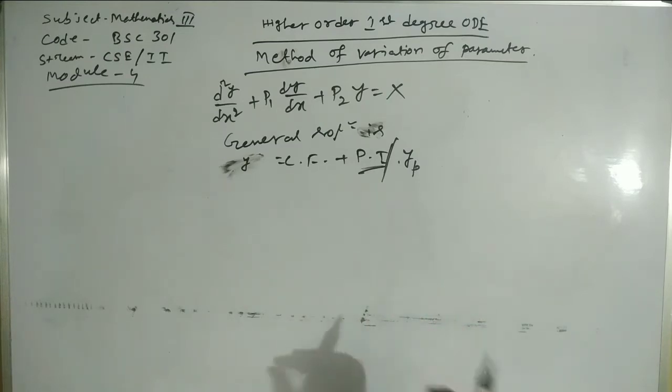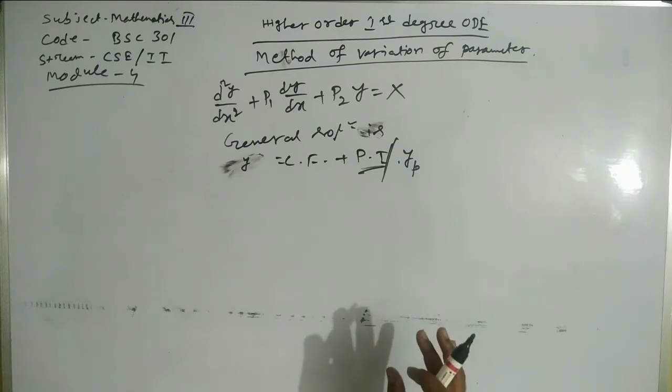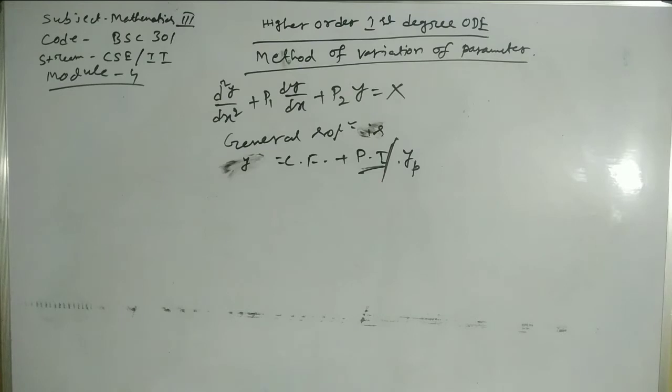In the complementary function there are always two functions of x. The CF is a linear combination of two functions of x, since there are two roots, or this is a second order ODE. So the complementary function always contains two functions of x.